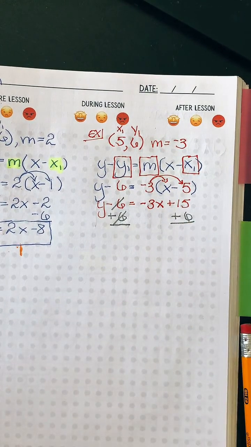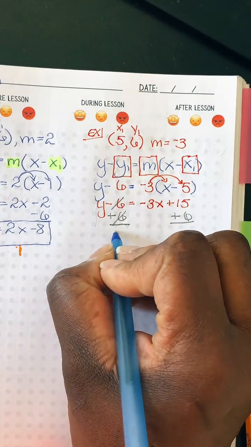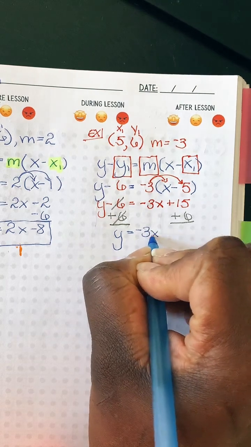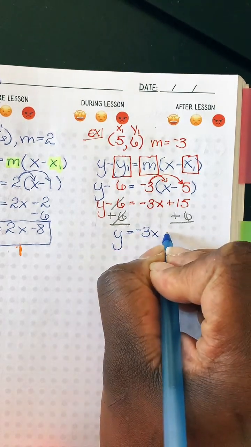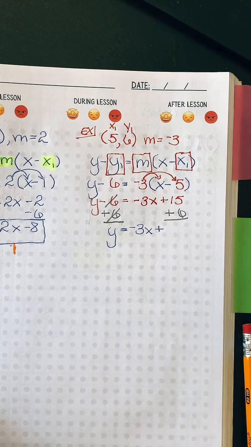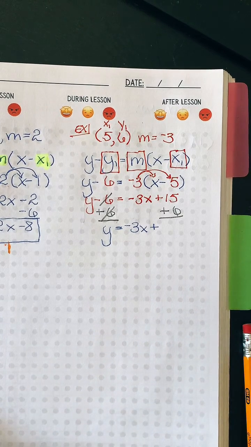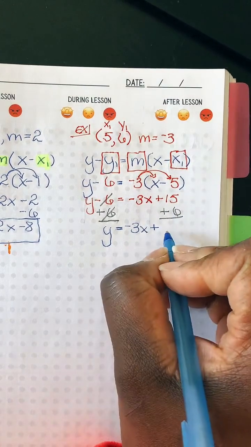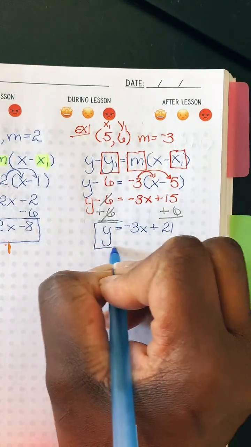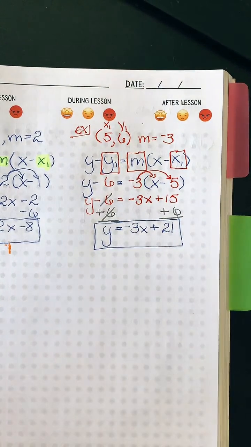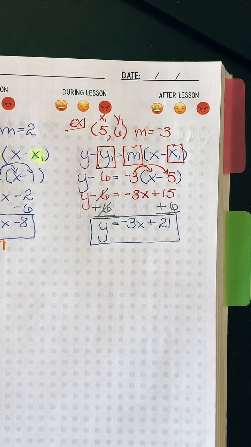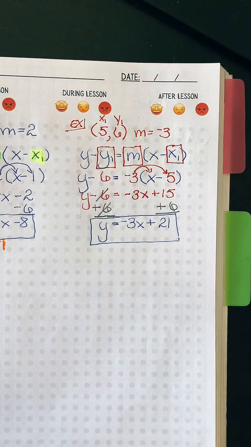So now, we can write down our final answer. So we have y equals negative 3x, but what's 15 plus 6? Good. Gotta look at all these 21s. Yes. So you just found your equation of the line. Good. Okay. So again, this is called point slope.